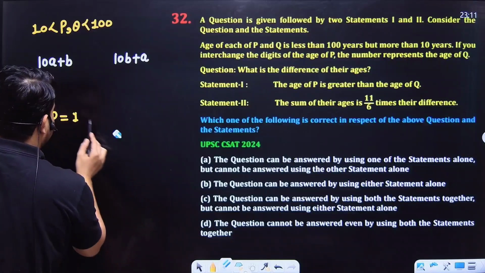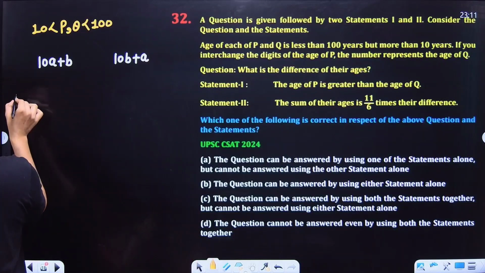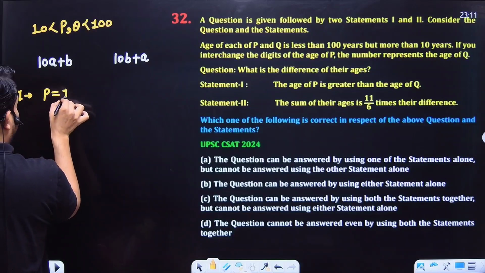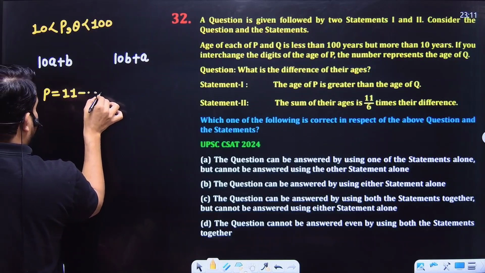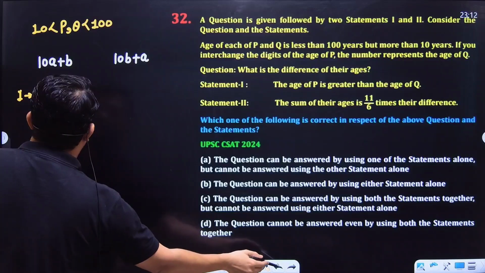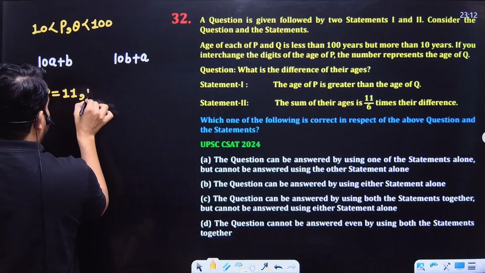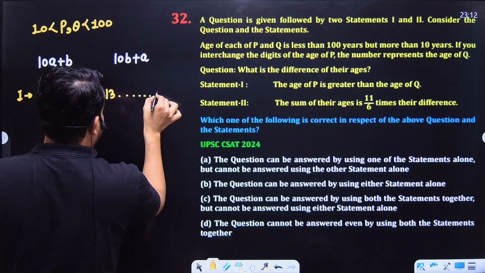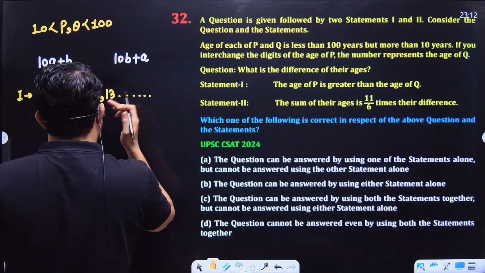If I take statement first, what can the age of P be? It can be from 11 to 99. It can be 11, 12, 13, and so on up to 99.